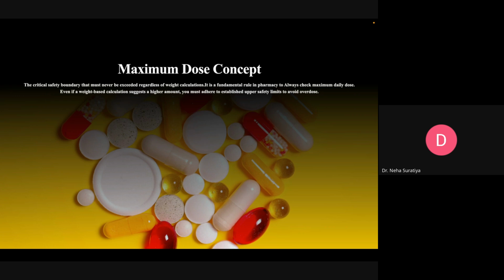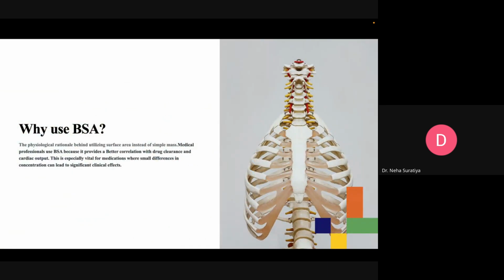Next, we have BSA, the second learning objective. I hope mg per kg, the first learning objective, is clear to you. Now that we have clearly understood weight-based dosing, let us move to the next important concept, body surface area, commonly abbreviated as BSA.